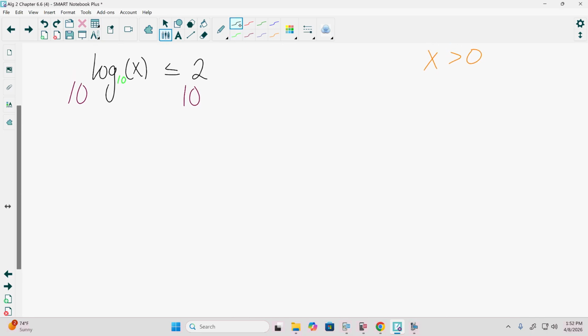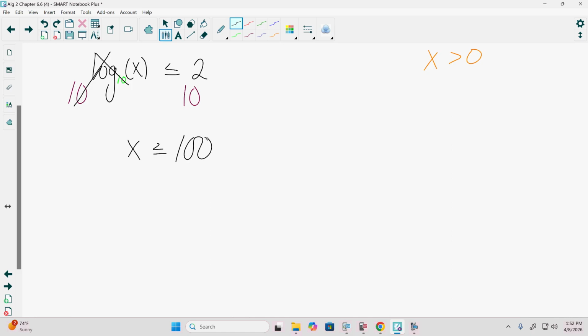And the 10 to the log base 10 of x. 10 and log base 10 will simplify out, leaving us with x. And it's telling us x is less than or equal to 10 squared. Well, I think we're good with that there. 10 squared is what? 100.